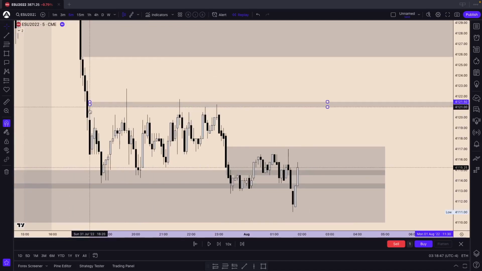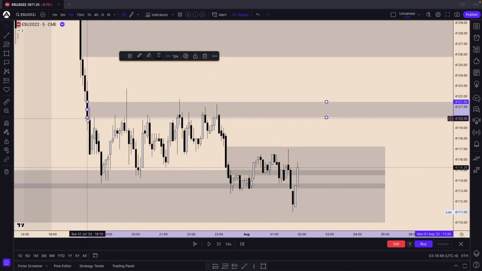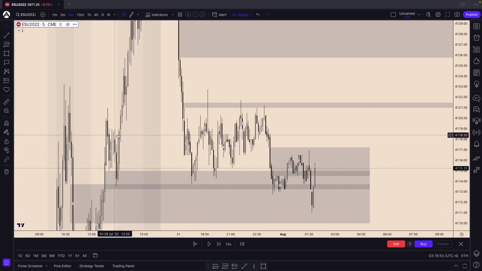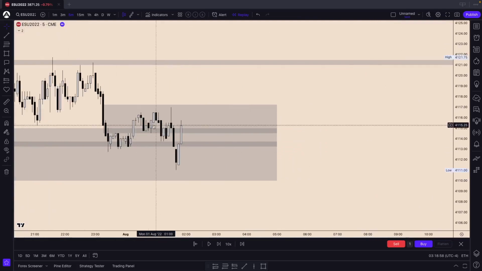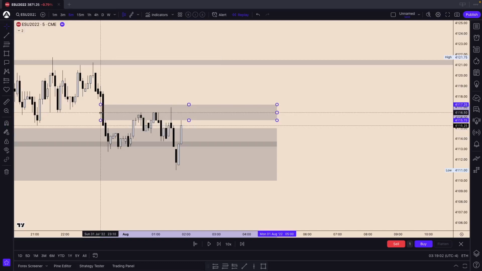We have a tiny little fair value gap that we could use. So we're going to keep using it. So about this move here, we have our fair value gap right here. That's one that kept holding price.